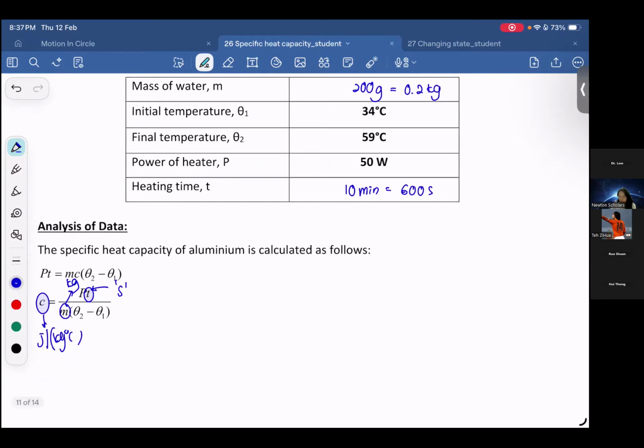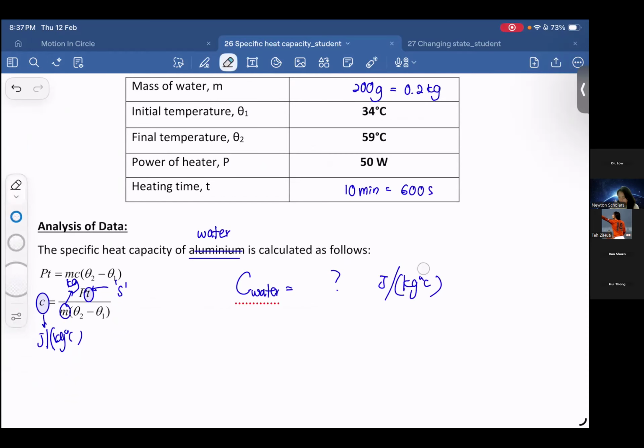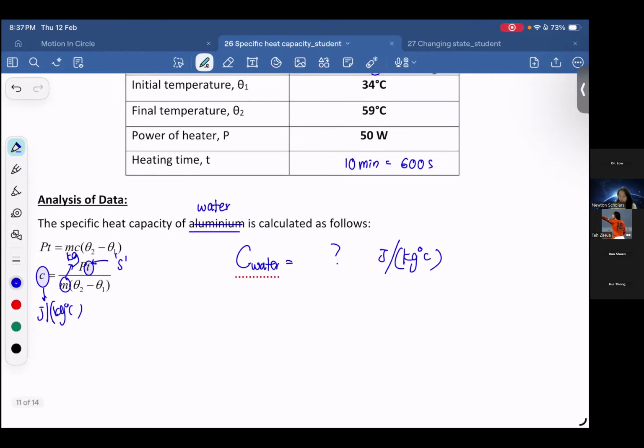Can you help me to do the calculation? Specific heat capacity for water is calculated as follows. So c of water equals your final answer. What is your final answer, in joule per kg per degree Celsius? Do your calculation and then tell me. Angeline, yes, correct.